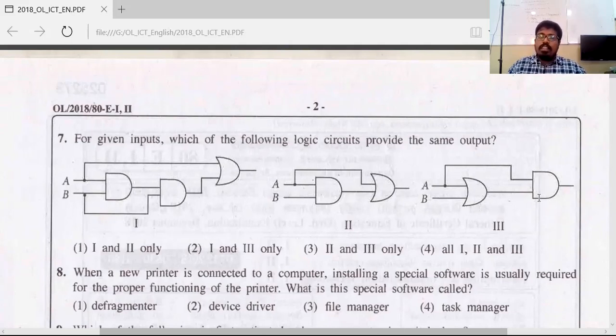Simple ways you can draw. So you can get the output Boolean expression and then draw the single truth table to find all are equal or not. Right?